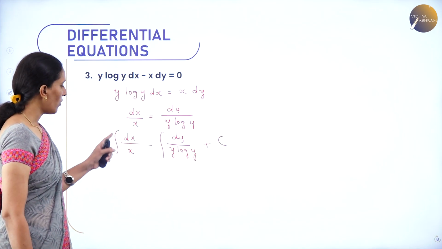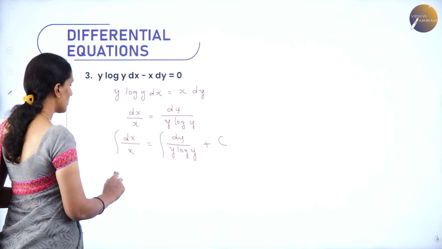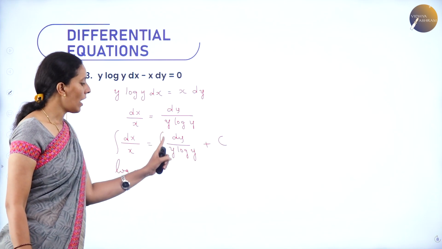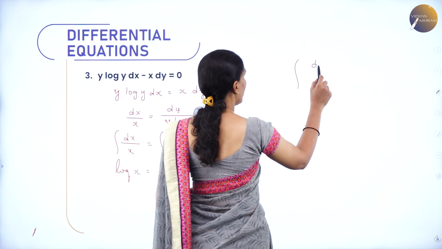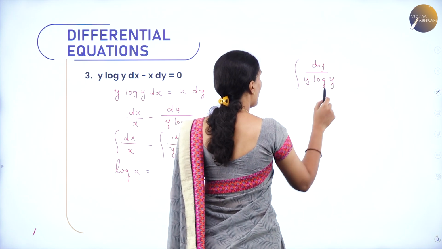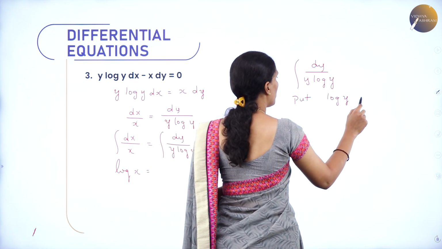Now, I already said the integral of 1 over x is nothing but log x. So therefore I can write it as log x. Here I have y log y. So what is the integral of dy by y log y? What happens here? Put log y is equal to t.